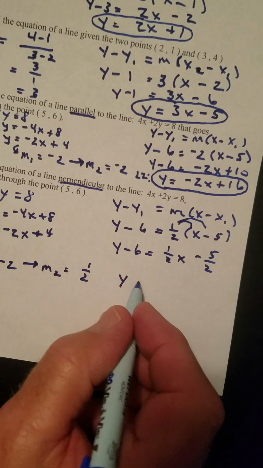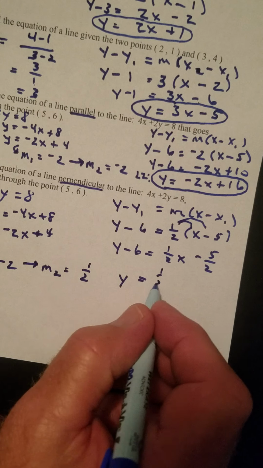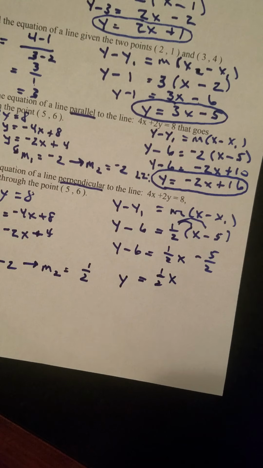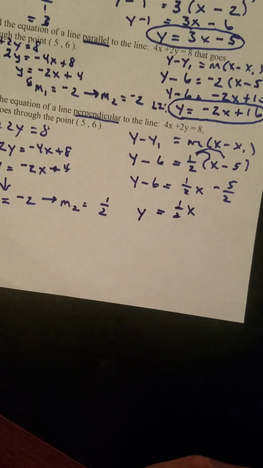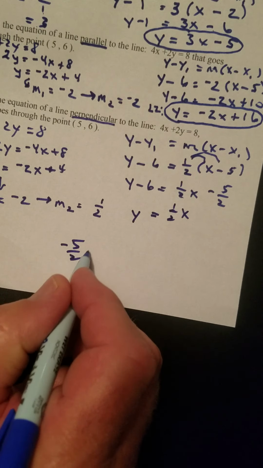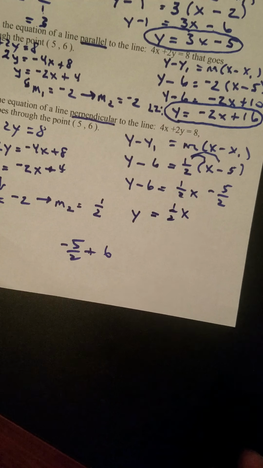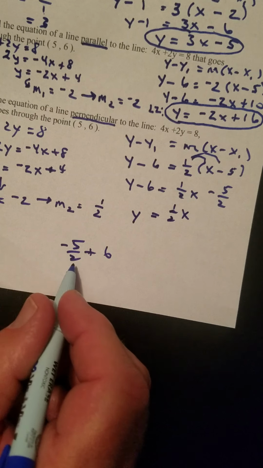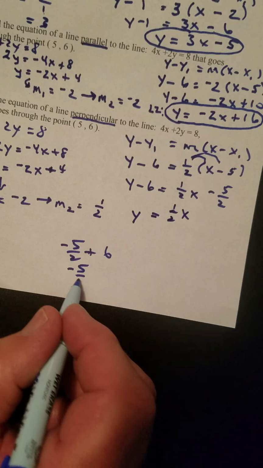So y would be equal to 1/2 x. I'm going to add 6 over here. I come down to the bottom. So I had -5/2, and I'm going to add 6. When you do that, you got to have a common denominator. So the common denominator is going to be 2.